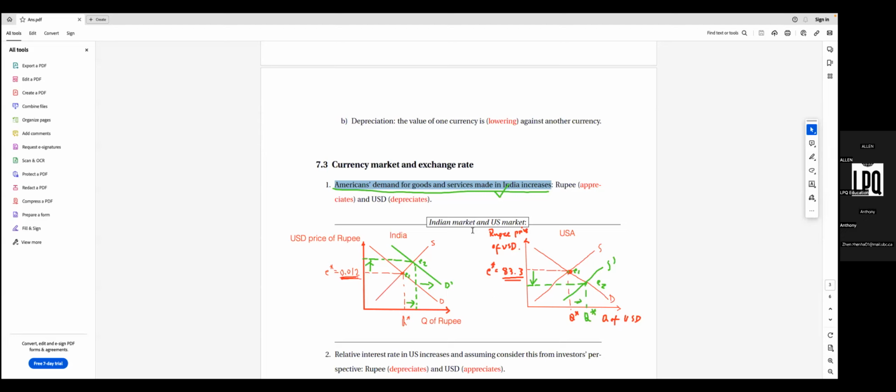If you are India, this is your model. If you're American, the right-hand side graph is your model. We just have two different points of view, two different ways to understand the same market between India and the USA.